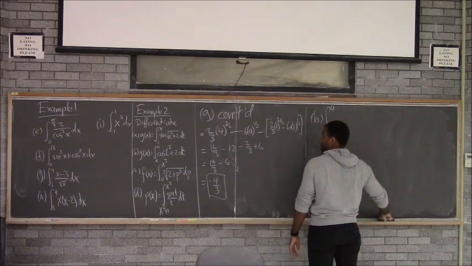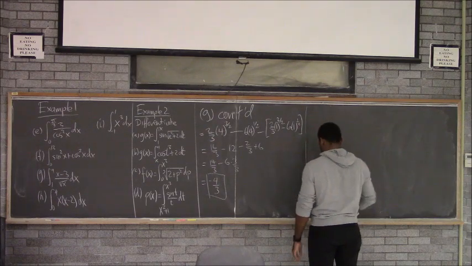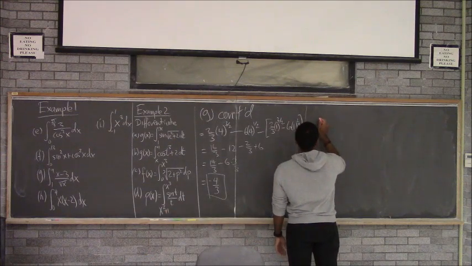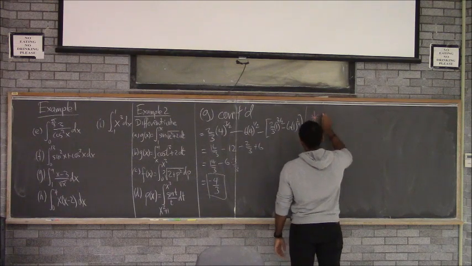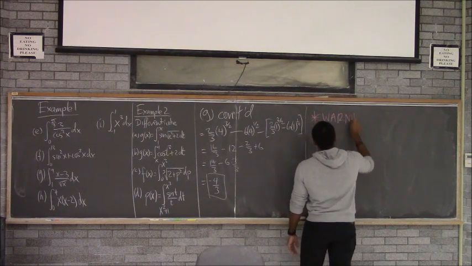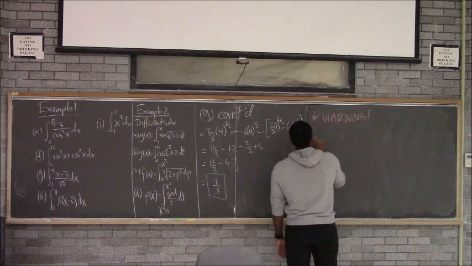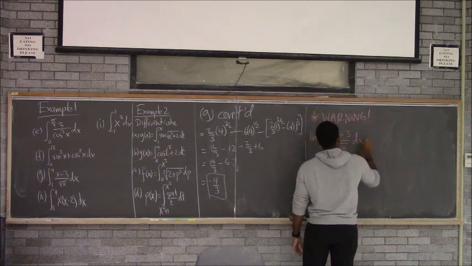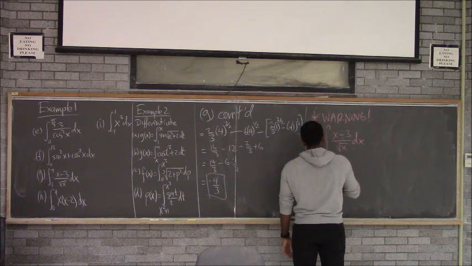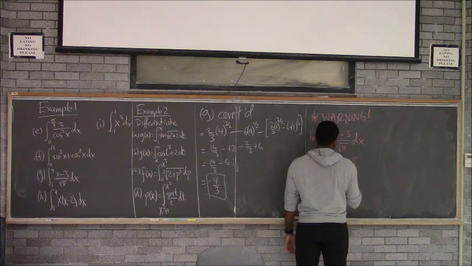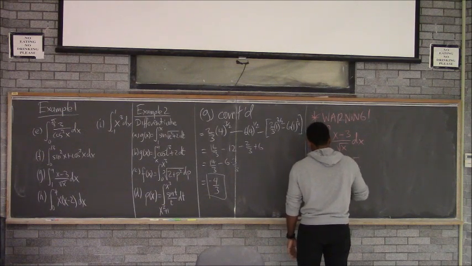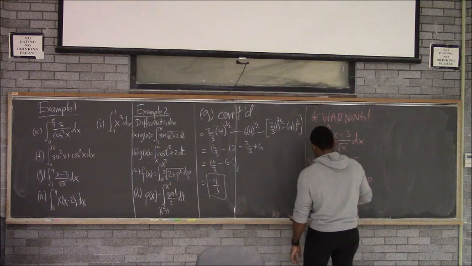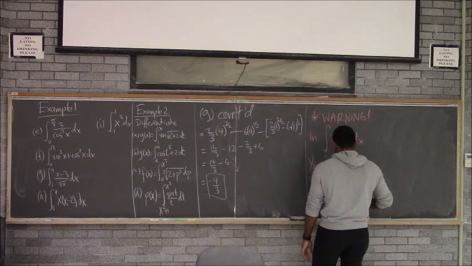I do want to mention something about that though. Common error. Okay, so in the previous integral, x minus 3 over the square root of x dx, you cannot integrate the top and bottom separately.